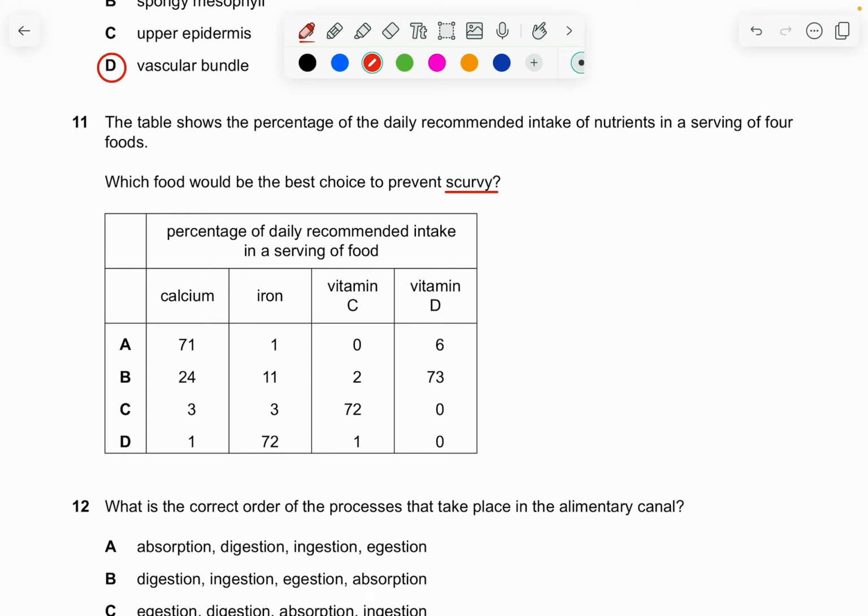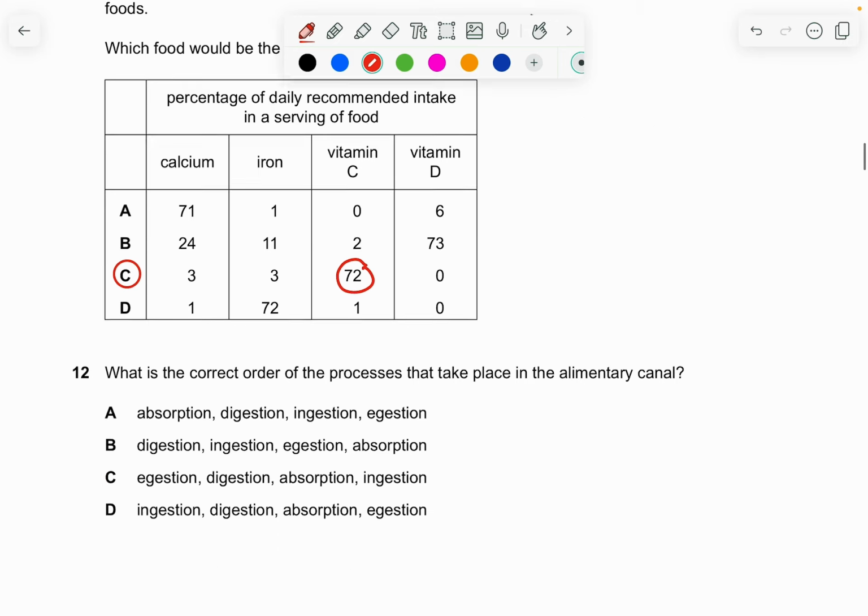For scurvy, it will be vitamin C. Rickets will be vitamin D. So in this case, it's vitamin C, and the option is easy to deduce, which is C, because you need a higher amount of vitamin C in your diet to help prevent or cure scurvy.